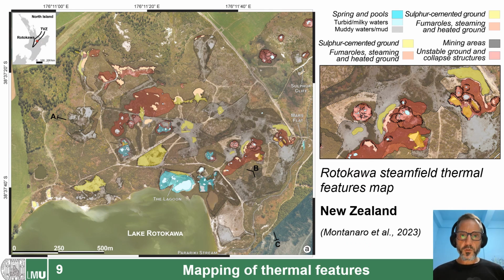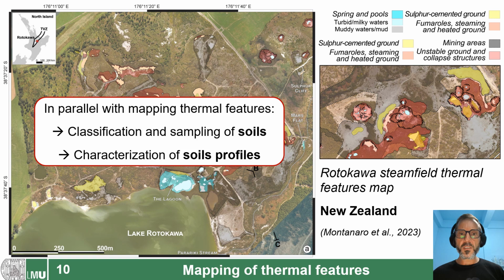So returning to the Rotokawa geothermal steam field, here is the map which was presented and discussed in the first part of the module. As we proceeded with identifying various thermal features within the three primary domains, we simultaneously began to classify and sample soils. Additionally, we selected and described specific soil profiles that represented distinctive thermal features.